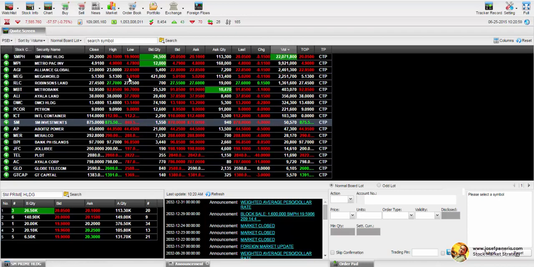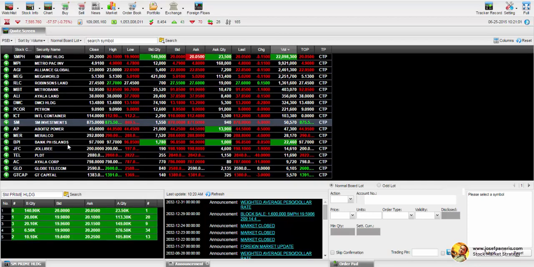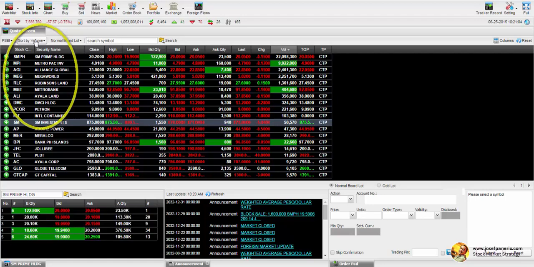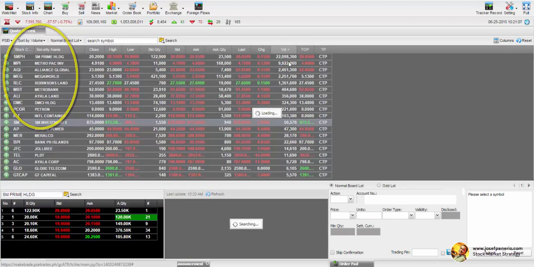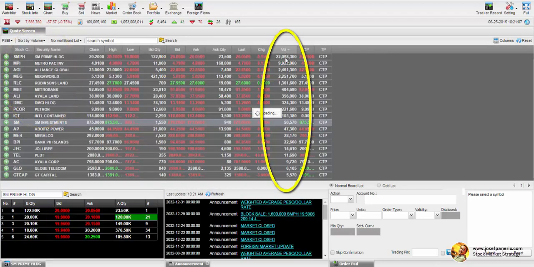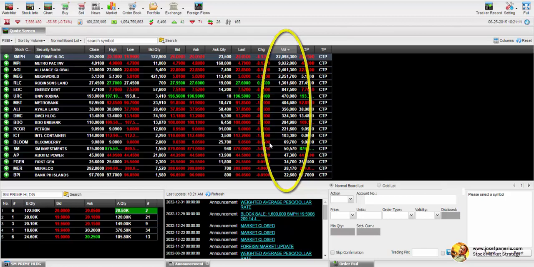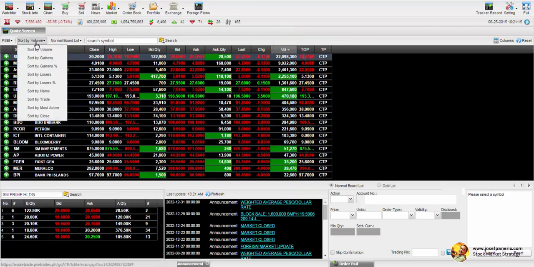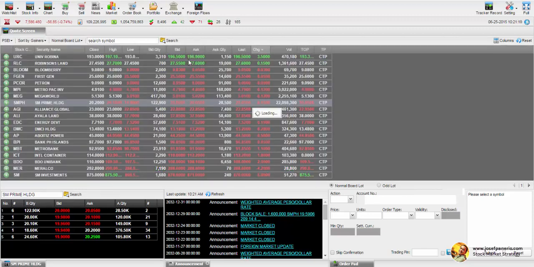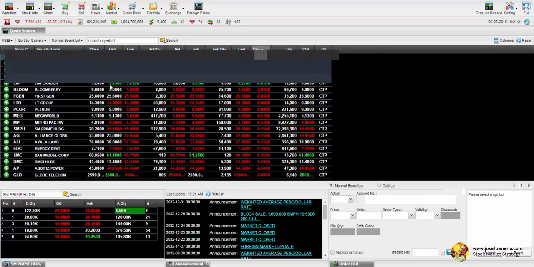These are the stocks that were listed or included in the PSE index. If we sort it by volume, it will display here in descending order based on the volume. And if we sort it by gainers, it will display by gains. So far, these are our gainers.